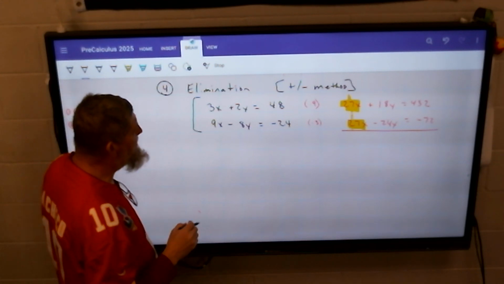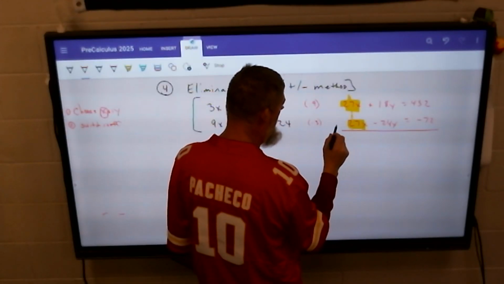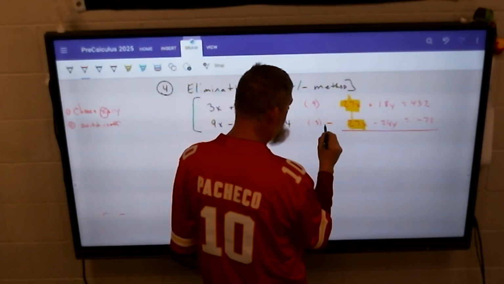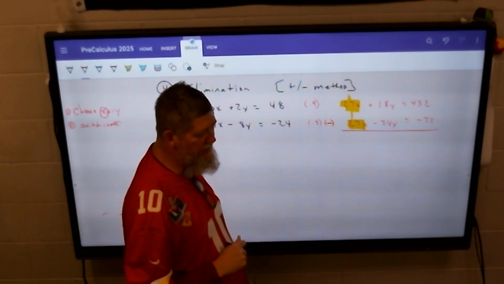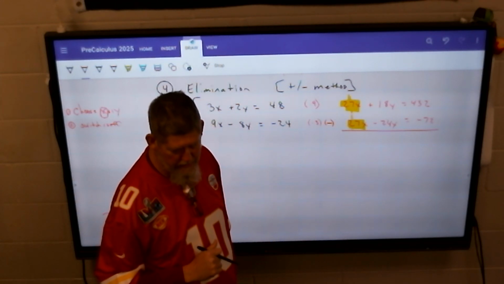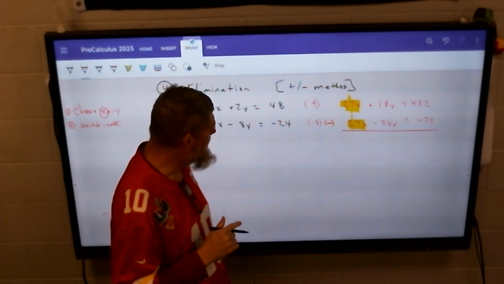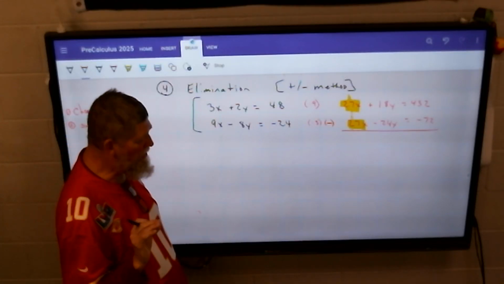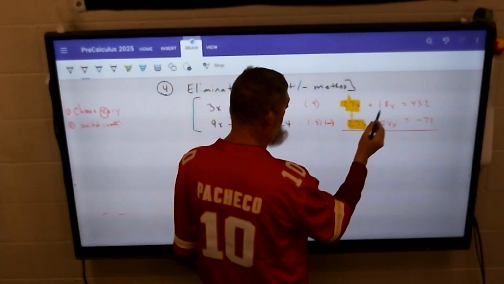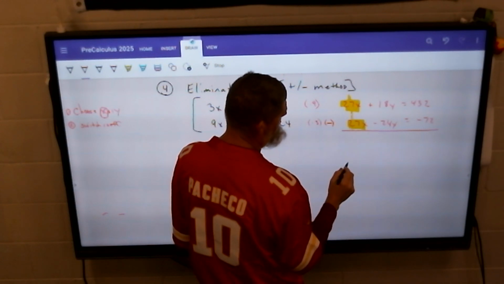So, if these are the same, I would subtract. What's 27x minus 27x? 0, and I've eliminated the x's. That's what's called elimination. Then what's 18y minus a negative 24y?